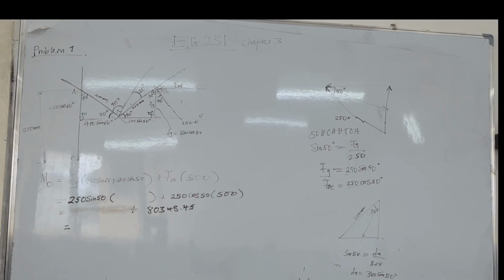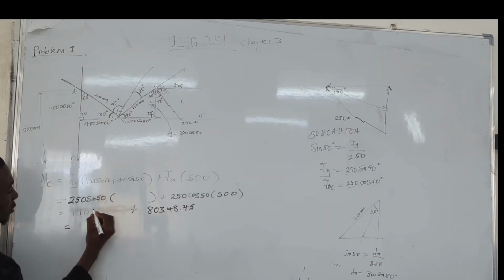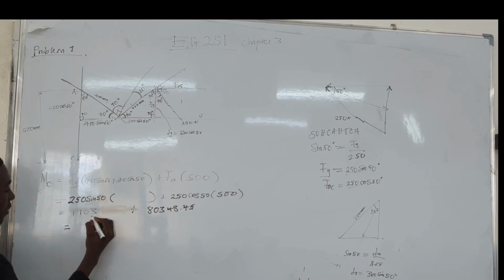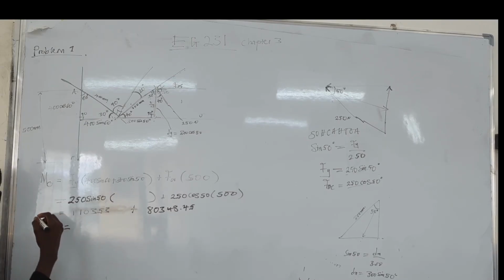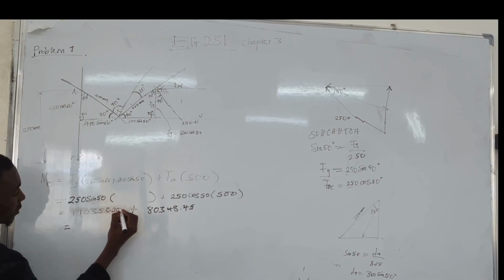So I can do the multiplication: the sum of this multiplied by 250 sine 50 gives 110356.2015.